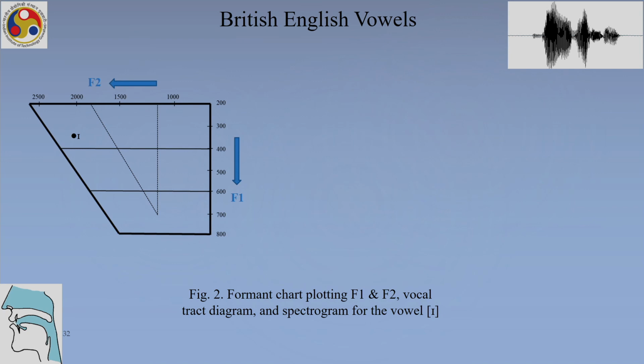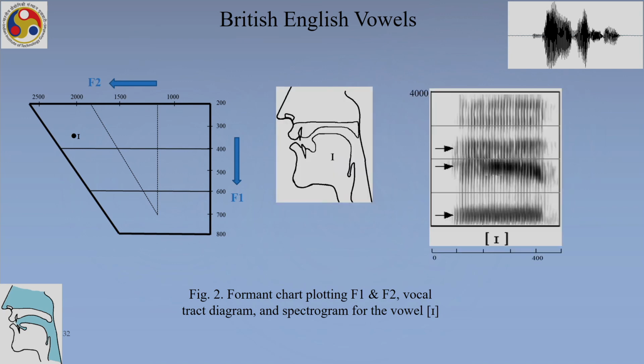Secondly, let us take the English lax vowel, high front but lax. In the production of this British English vowel, what do we get? The F1 value is between 300 and 400 hertz.